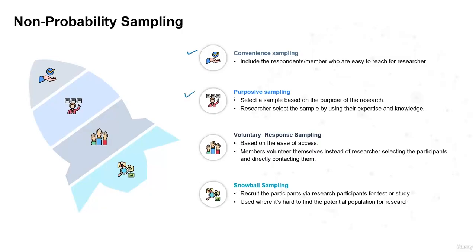Next is purposive sampling. Purposive sampling means selecting a sample based on the purpose of the research. The researcher selects the sample by using their expertise and knowledge. Example, you want to know more about the opinions and experiences of disabled students in your university.